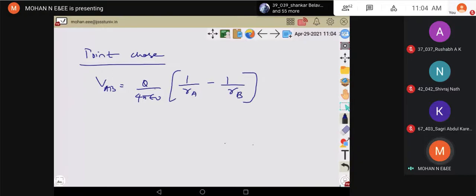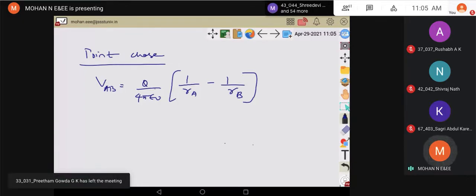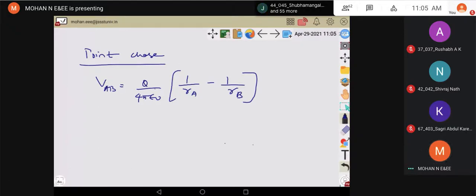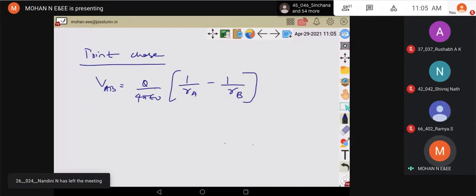So this is what we have discussed. It means the potential difference between 2 points A and B, where the charge is moved from B to A. That means the potential difference is VAB, that is VA minus VB.